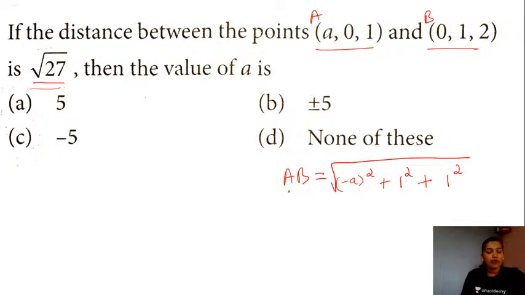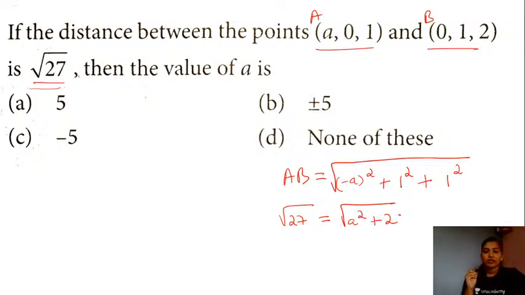We are given the value for the distance AB. What is the value? It is root of 27, and root of 27 will be equal to root of a square plus 2.